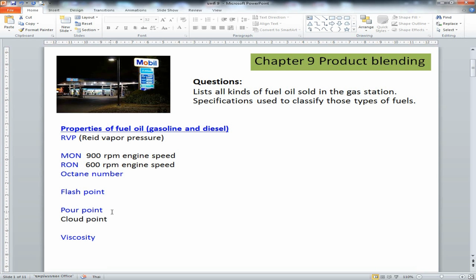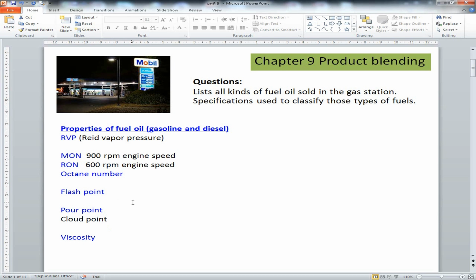How about pour point? This temperature is the lowest temperature at which a petroleum product will begin to flow. So what we mean is how much paraffin is contained in the fuel, or the paraffin can be crystallized to the point when the fuel gels and becomes resistant to the flow.